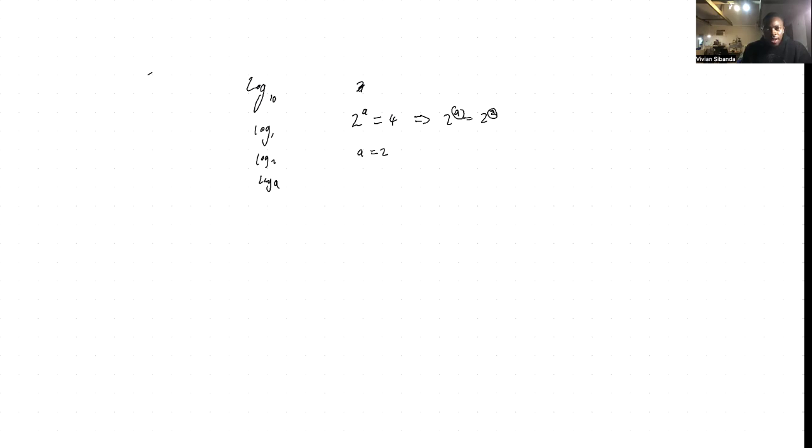However, if we have another scenario where we have 2 to the power of a, and now it's no longer 4, but 3, we have a different scenario. We cannot simply say a equates to this specific number. However, we have something called logarithms to express that.